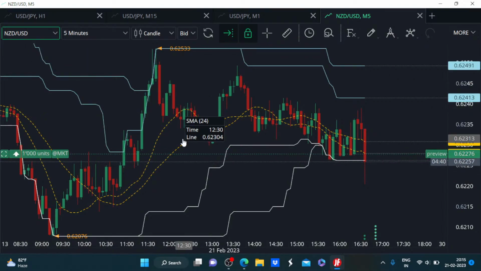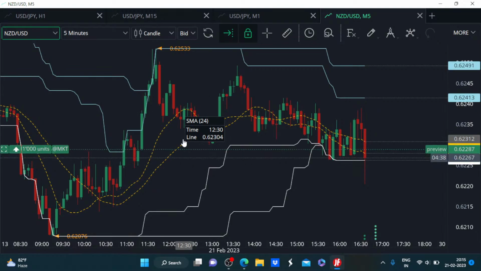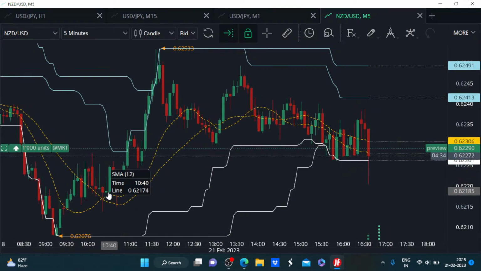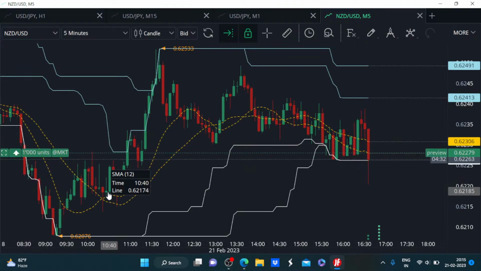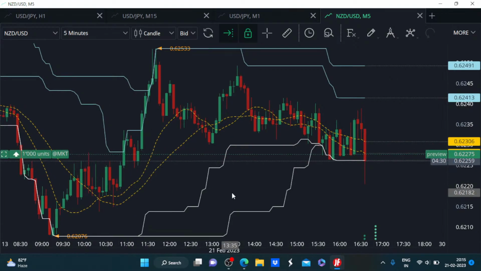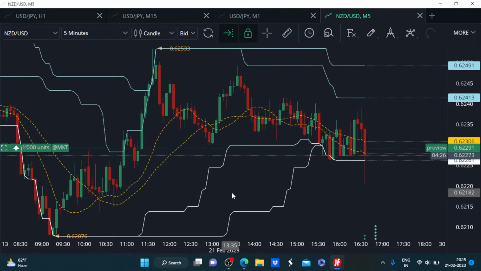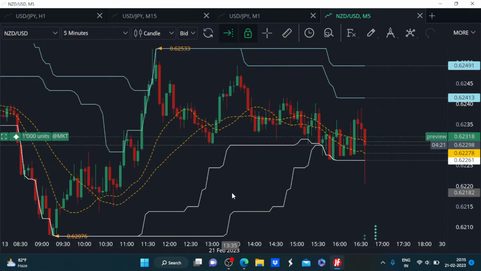For NZD USD, we are seeing this spike, a fresh move on the lower side. And as I said, it is in line with the expectations of the weakness we are seeing in the non-USD currencies. The USD has been on the stronger side, and that is also evident in this situation.